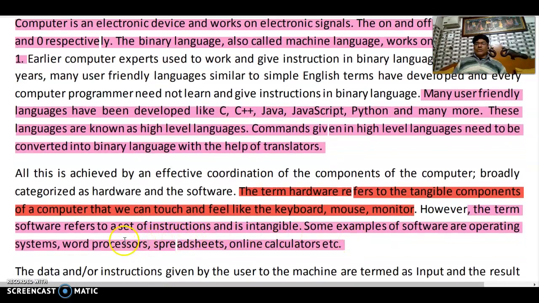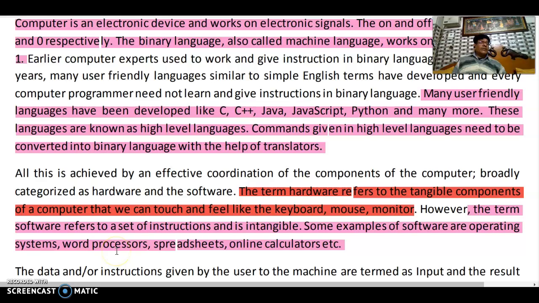Then what is software? A computer works with hardware and software both. Software is a set of instructions and it is intangible. You cannot touch it. Some examples of software are operating system, word processor, spreadsheet, online calculators, etc. Spreadsheet like Excel, where we can do calculation jobs.